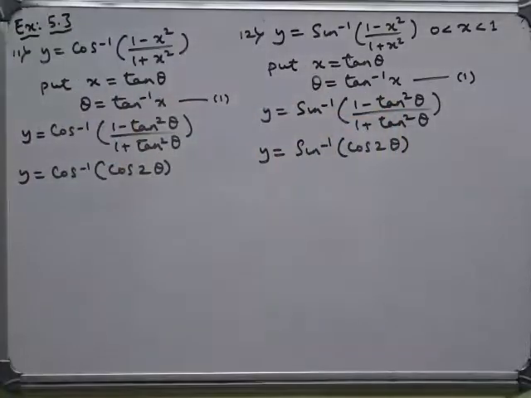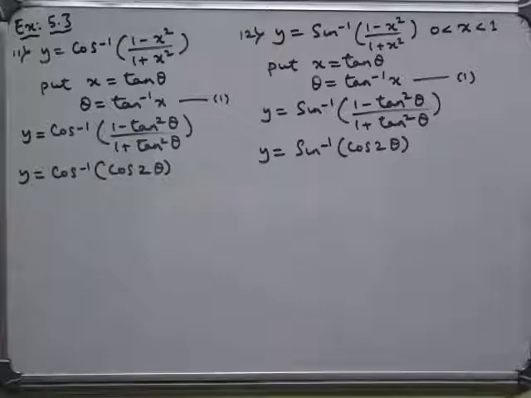Okay, now there is a twist in this. As I said earlier, if we had got a sine 2 theta, it would have been very easy. Sine inverse and sine we can cancel, and directly I'll write 2 theta. So y is equal to 2 tan inverse x would have been your final differentiating function.